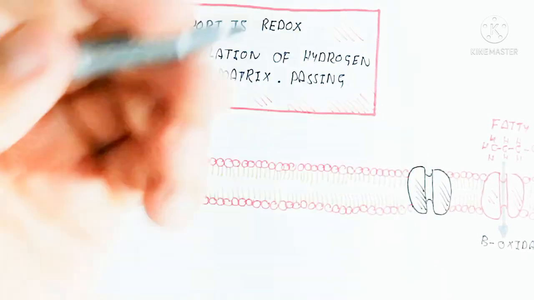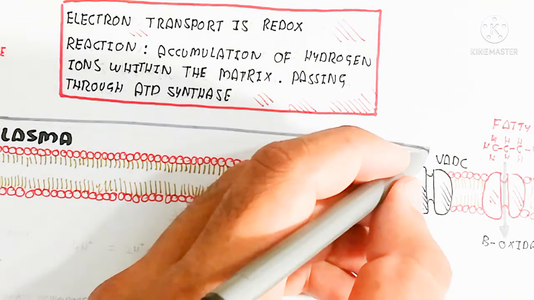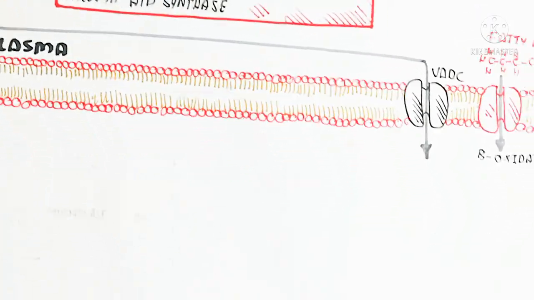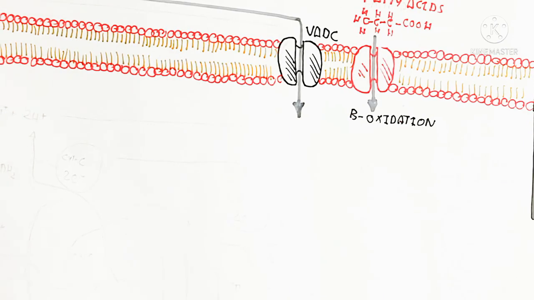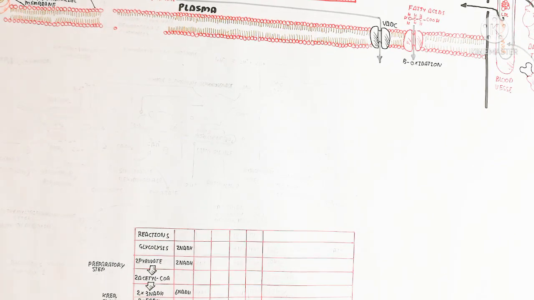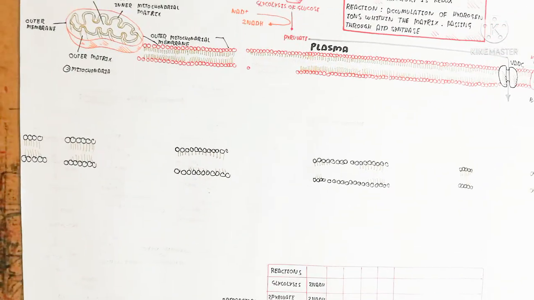These 2 NADH will enter by a different mechanism that we will also discuss, known as the glycerol 3 phosphate shuttle mechanism. So here is the voltage dependent channel, which then moves the pyruvate inside the outer mitochondrial matrix.